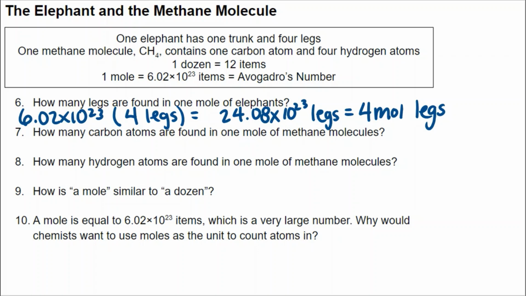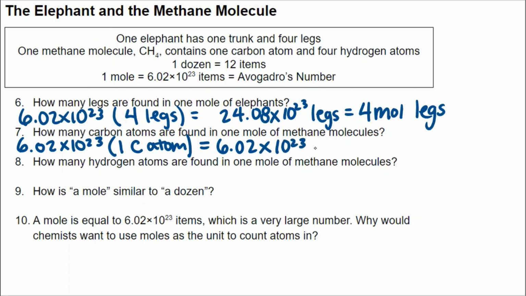But whenever we use this mole number, we're using it to describe atoms, which are very, very small. So, how many carbon atoms would be in 1 mole of methane molecules? So, 1 mole of methane molecules is 6.02 times 10 to the 23rd molecules, and each of those has 1 carbon atom. So I've got 6.02 times 10 to the 23rd carbon atoms, which we could also just call 1 mole of carbon atoms.